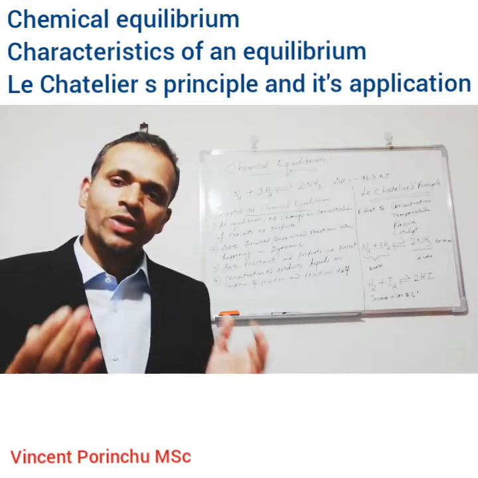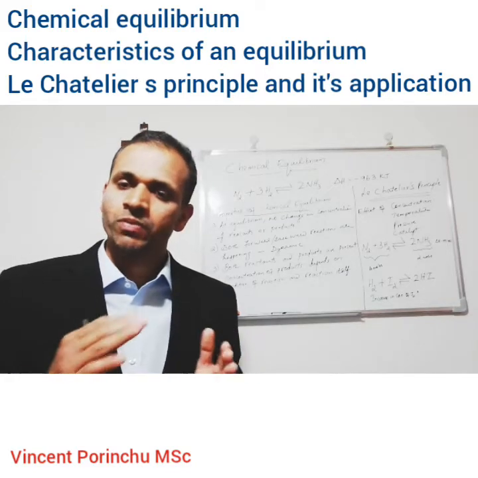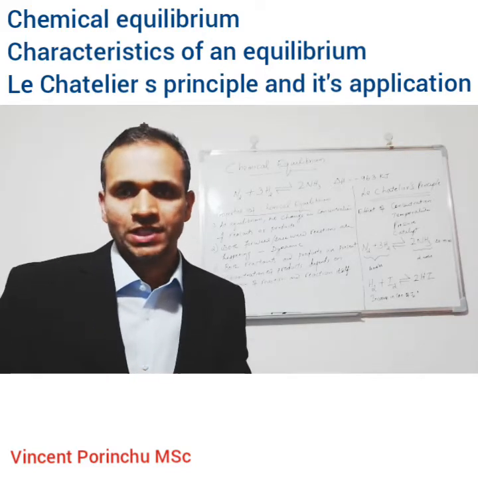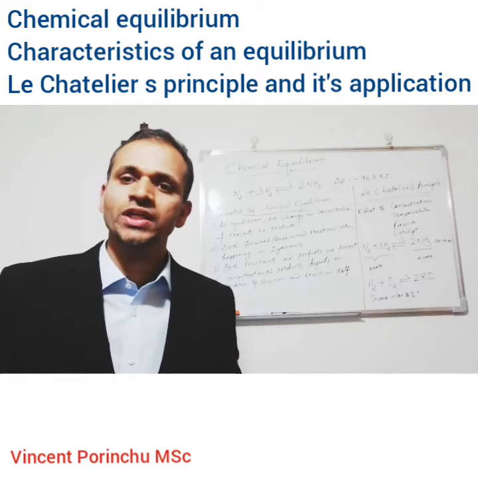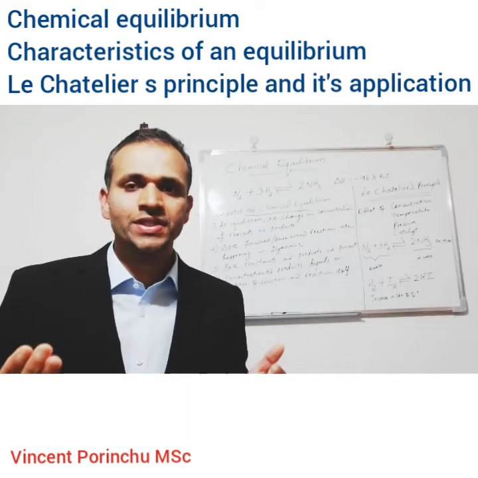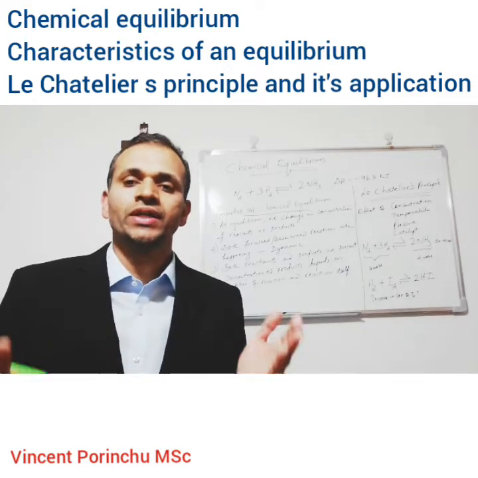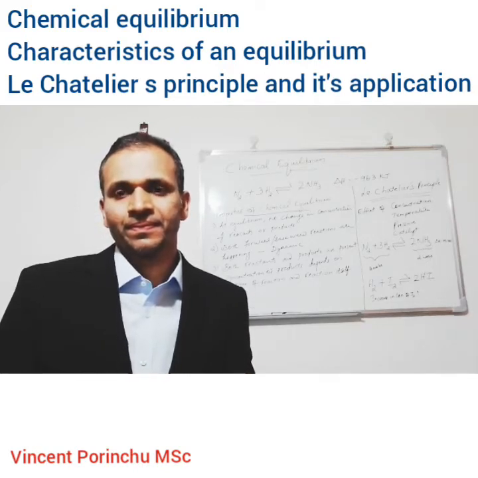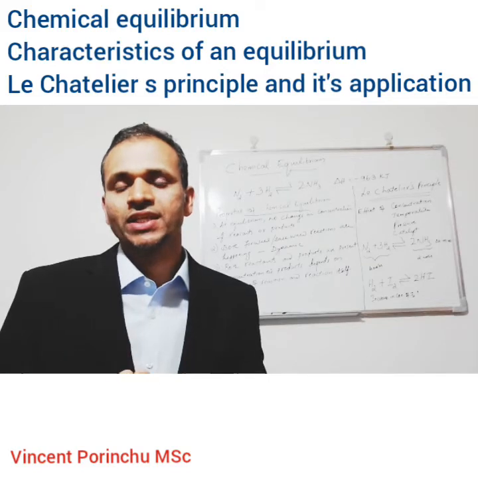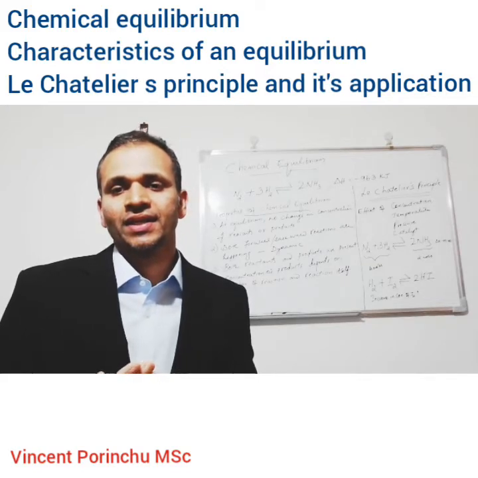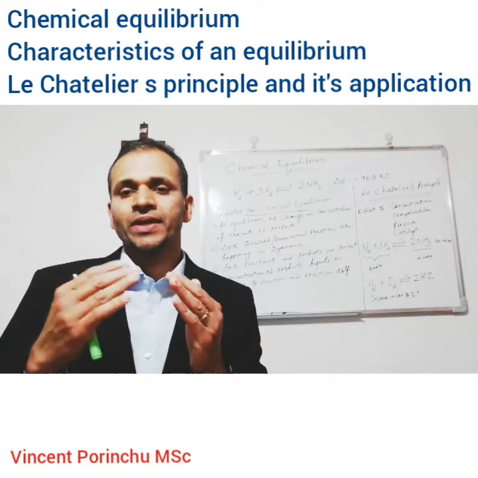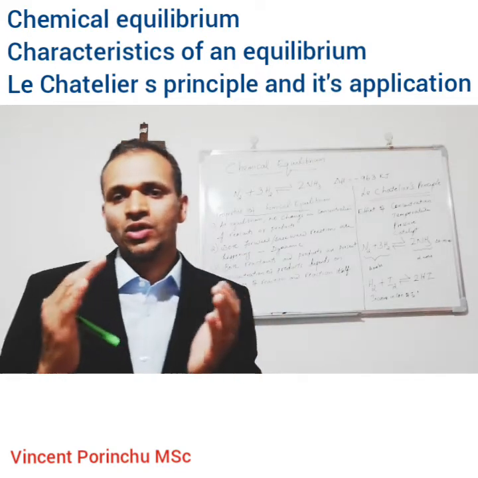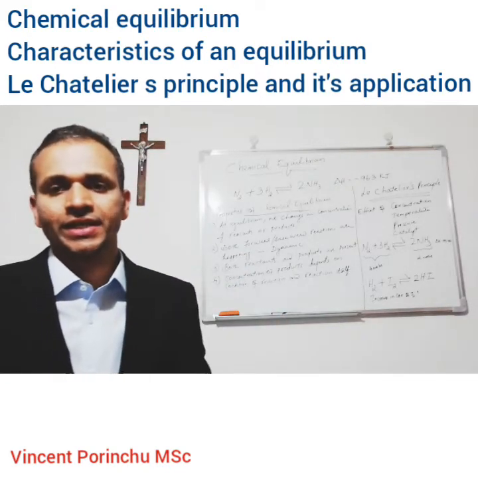So if you increase the pressure, we know the pressure and volume are inversely proportional. If you increase the pressure, the system will try to decrease that pressure by shifting the equilibrium to the low volume side.